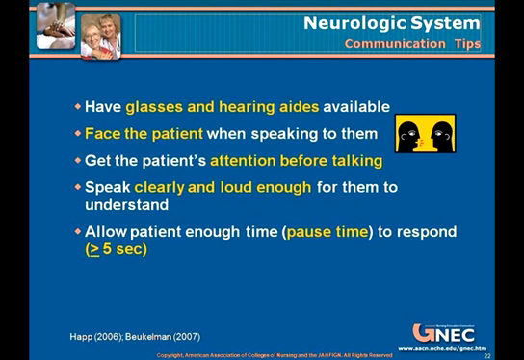Facing the patient when speaking to them, it's important for the patients to be able to receive and understand your message, just as it's important for you to be able to understand and interpret their message without speech. So get the patient's attention before talking, speak clearly and loud enough, although not shouting, for them to understand, and very importantly, allow some pause or wait time.